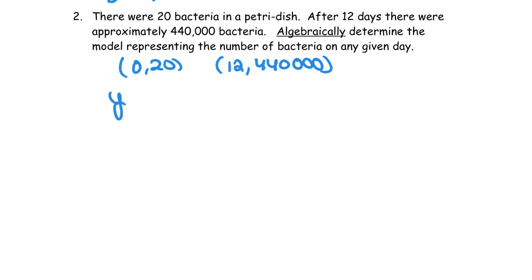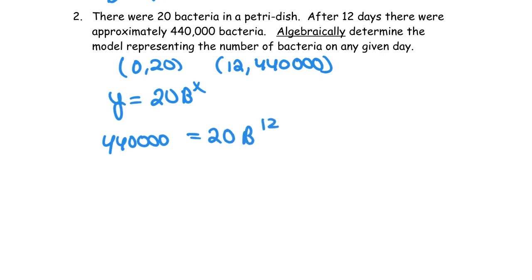Okay, so now we got y equals, and we're looking for b. So now what will we do? We're going to plug in 440,000 for y, and then we'll let b be to the 12. Okay, so now what are we going to do?